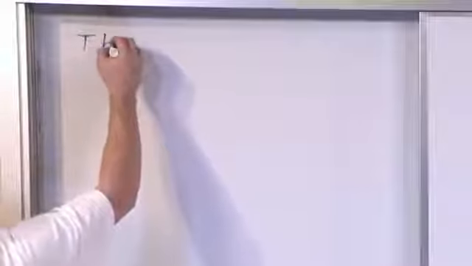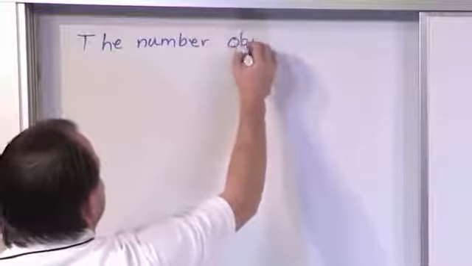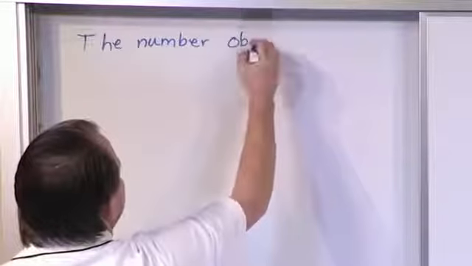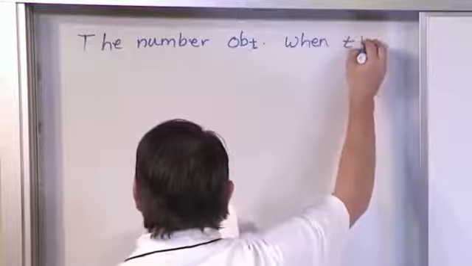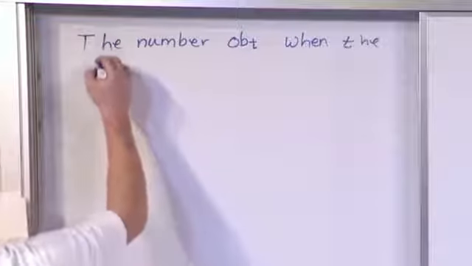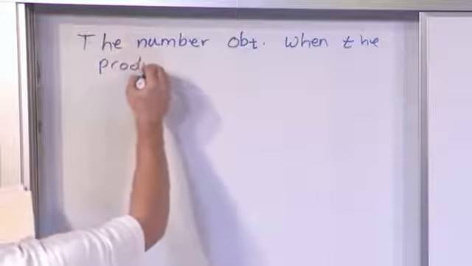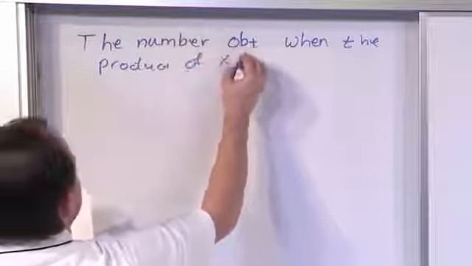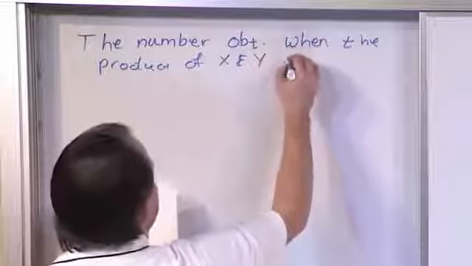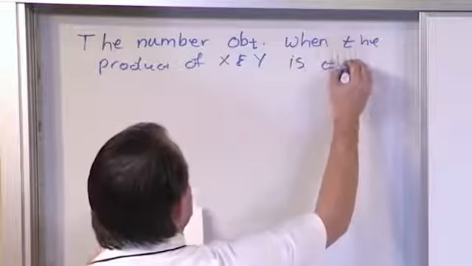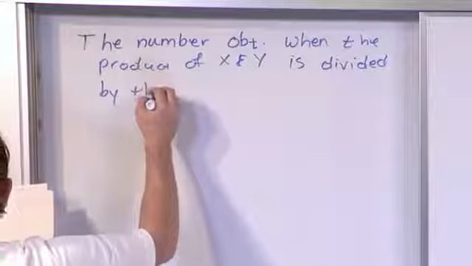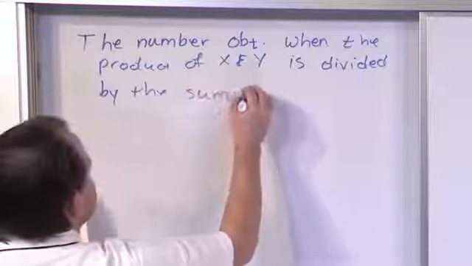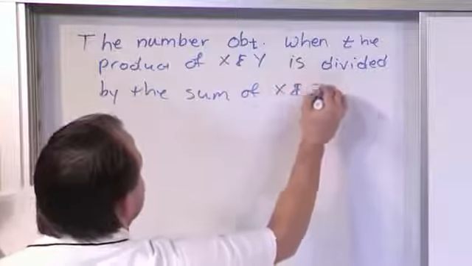What if we have the number obtained when the product of x and y is divided by the sum of x and z.